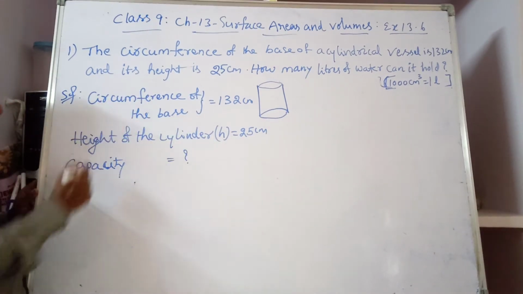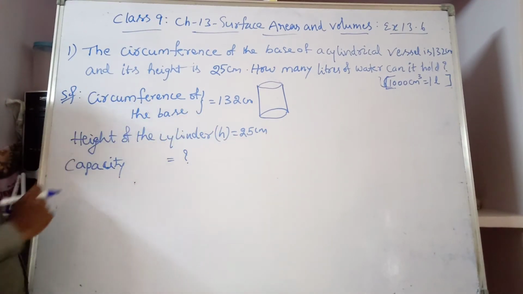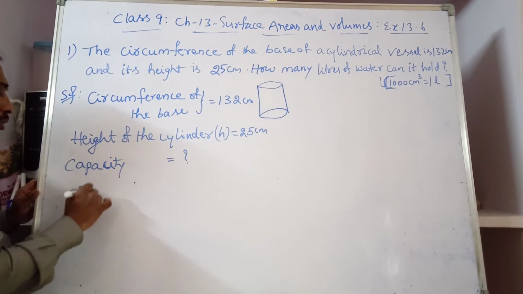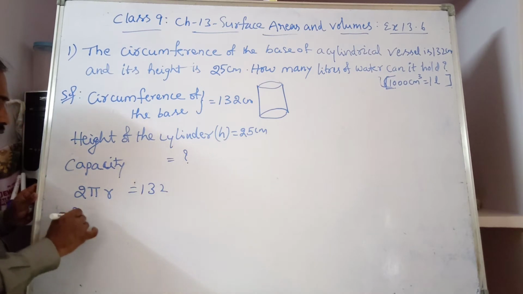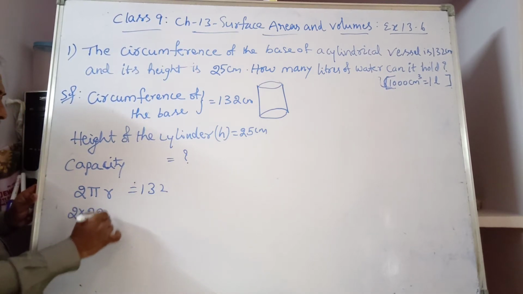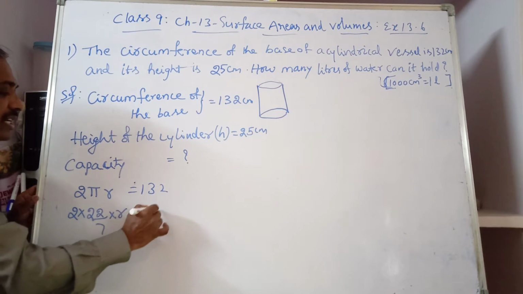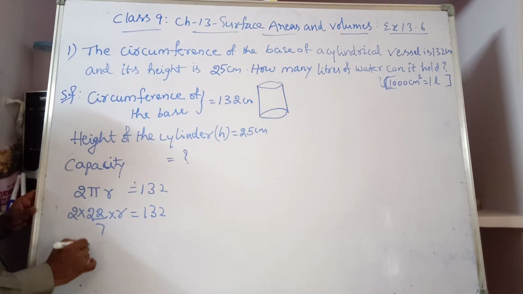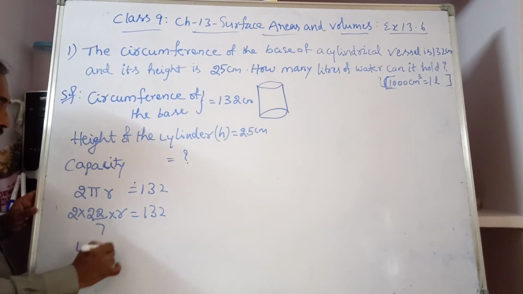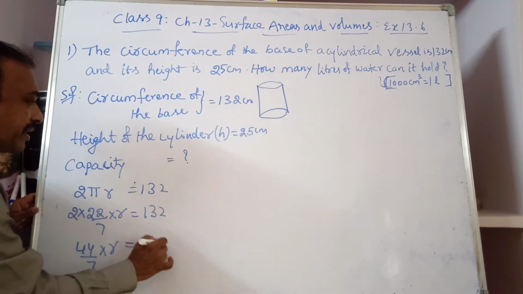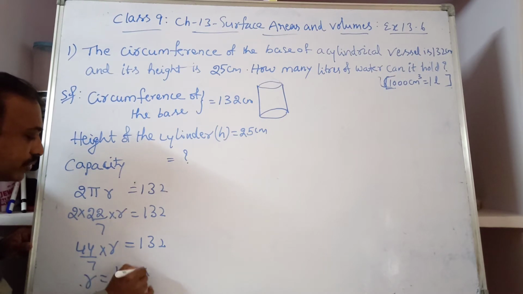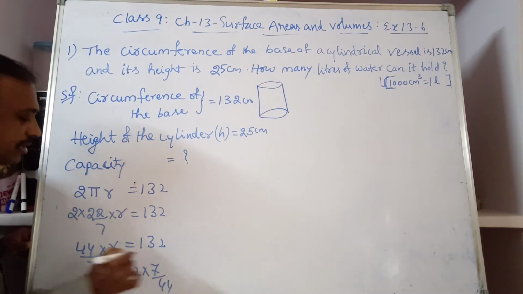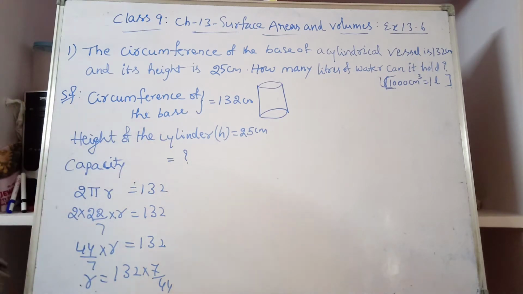First you need to find the radius by using the circumference, that is 2 pi r is equal to 132. So 2 into 22 by 7 into radius is equal to 132. 2 into 22 is 44, so 44 by 7 into r is equal to 132. Now r is equal to 132 into 7 by 44. In this, 44 and 132, check whether you get them in the same table or not.